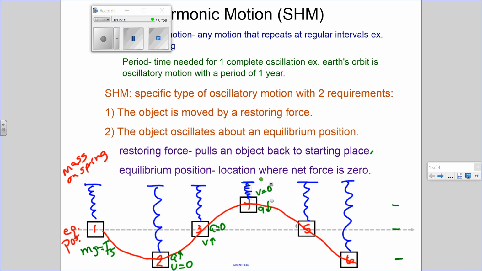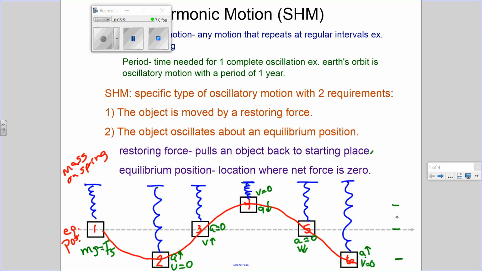Here, we have this point where the forces are balanced again. It's at the equilibrium position. The acceleration is 0, but the velocity is down. It's moving down. And then here, the velocity is 0. That's the turning around point. The acceleration is up. That maximum spring force is going up.